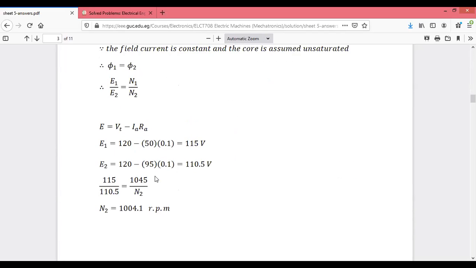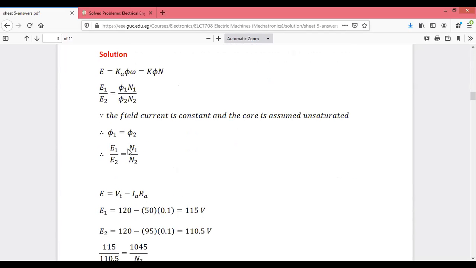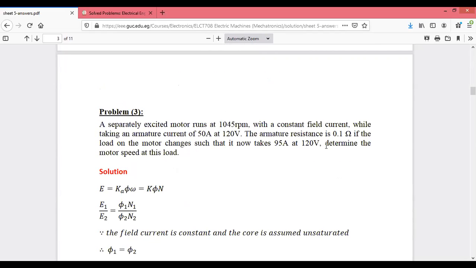When you write the value for N1, you will need the value of E1 and E2, but you can solve because they have given the total voltage, that is nothing but 120. They have given the armature resistance, 0.1 ohm, and the armature current also.